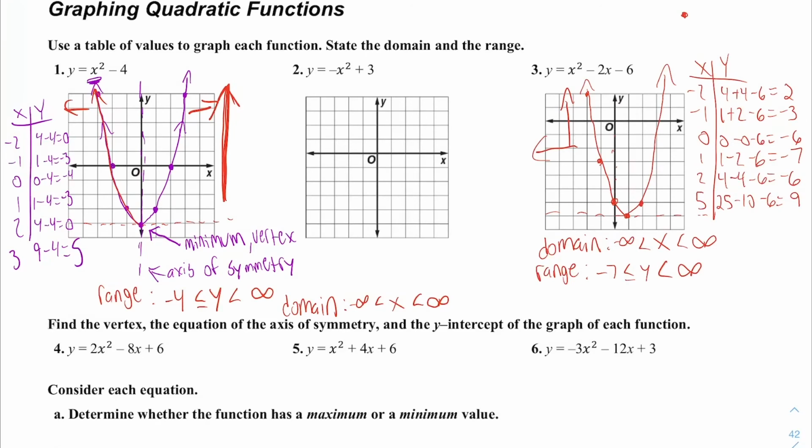And why don't I go ahead and just label that this is the minimum. It's also the vertex. And the axis of symmetry. The axis of symmetry goes through the vertex. So the axis of symmetry is at x equals 1.